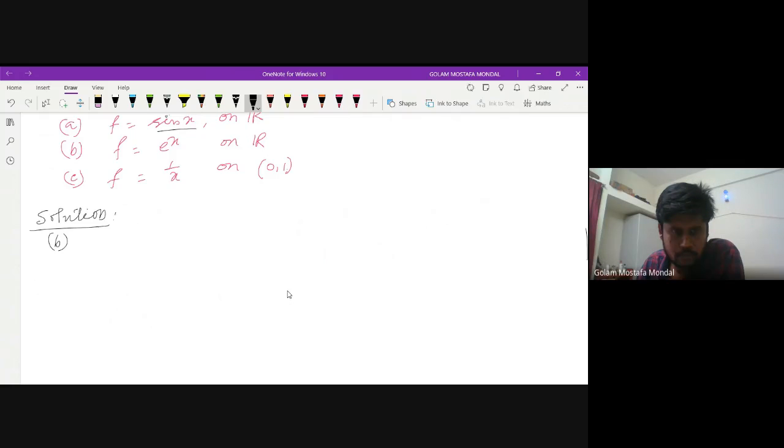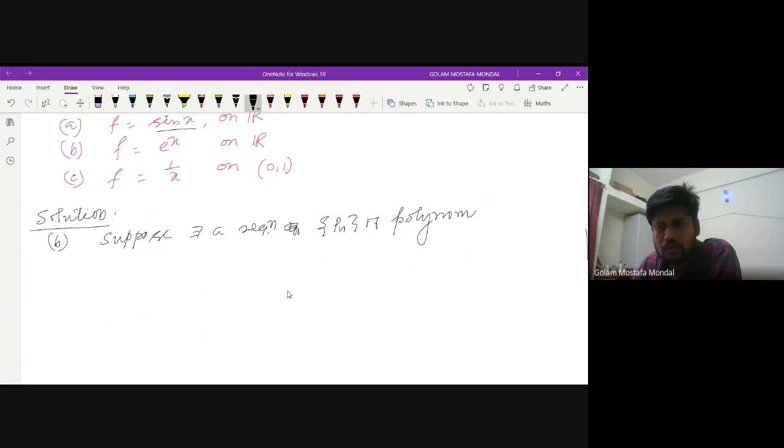So for B, suppose there exists a sequence of polynomials Pn such that Pn converges to e to the power x uniformly on R.